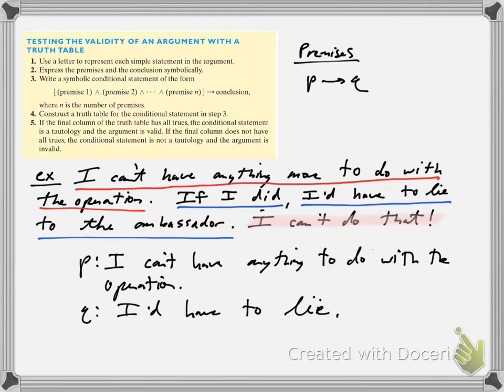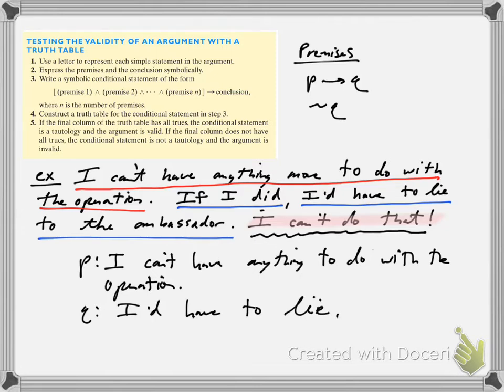So what would that be? Well, if you can't lie, well, I'd have to lie. The opposite of I'd have to lie is I can't lie. So that would be not Q as the other premise, because he's saying here this other premise in the squiggly black is I can't do that, referring to the lying. I'd have to lie to the ambassador. I can't lie to the ambassador. And Q is I'd have to lie, so this is the opposite of that.